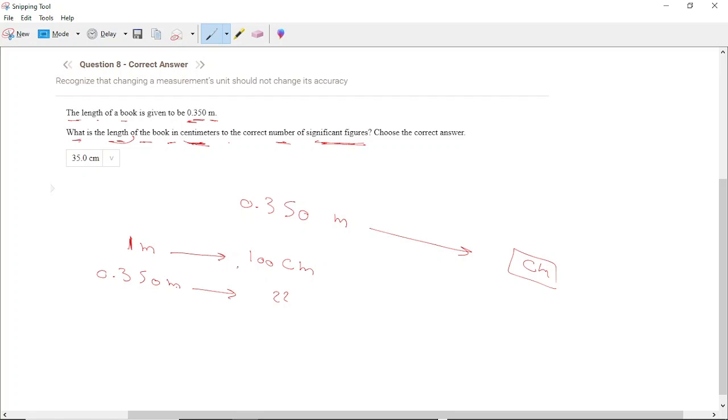From this, we'll do a cross multiplication. Let's call the length of the book in centimeters x, for example.